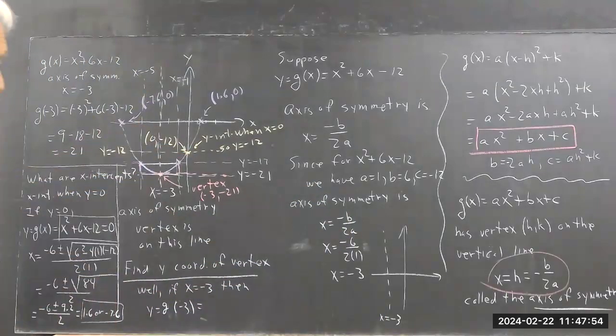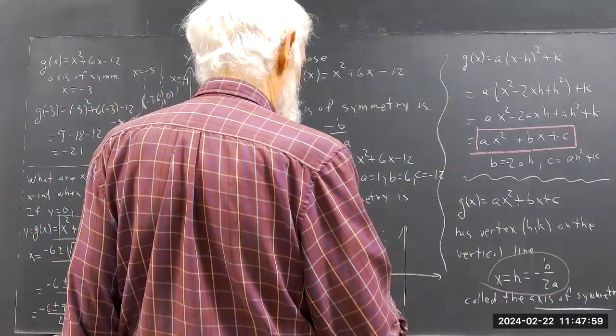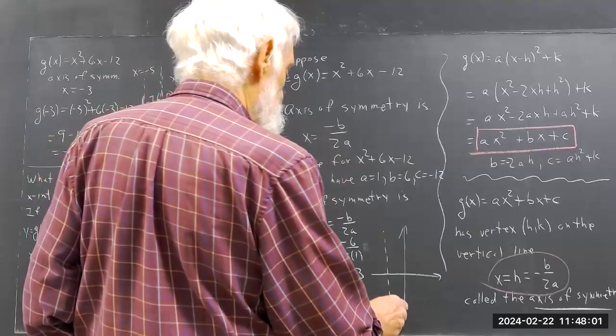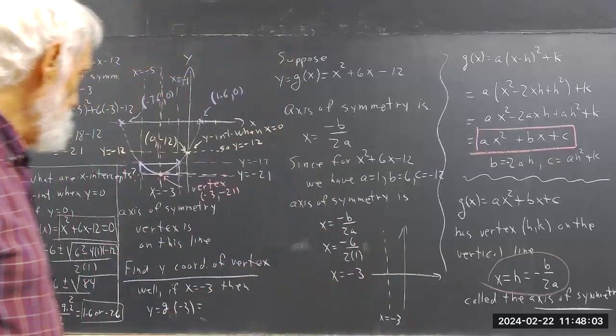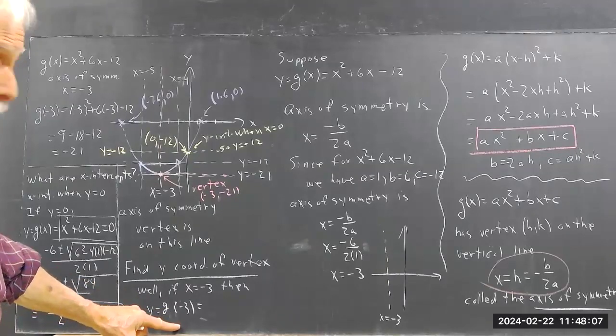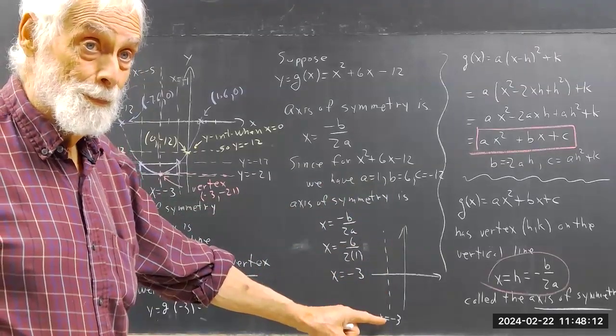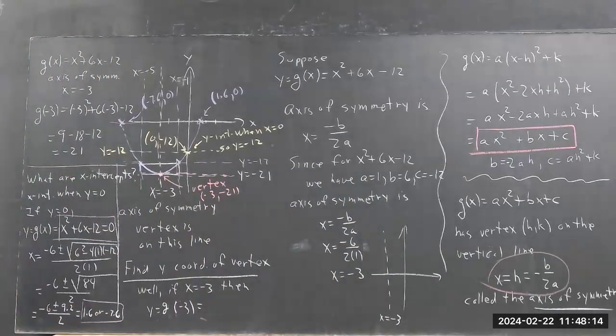Then we construct our graph. Now, this worked out really nicely. First of all, our red dot is on this line when x equals negative 3. Now, what's the y coordinate of the vertex? Because in order to put your red dot on this line, you've got to know what the y coordinate is.